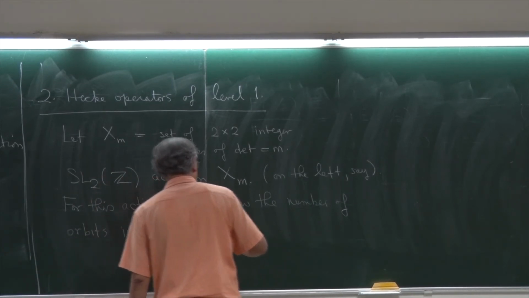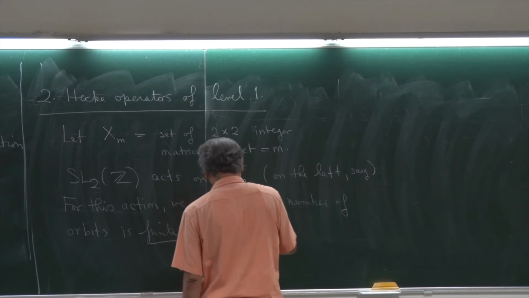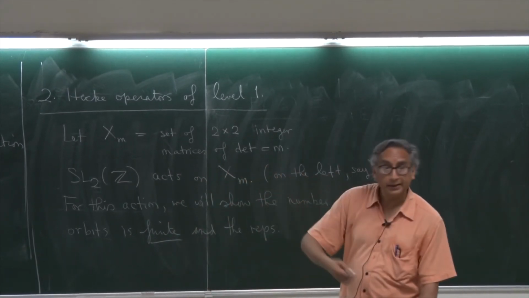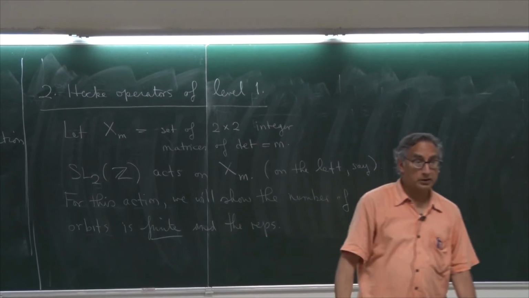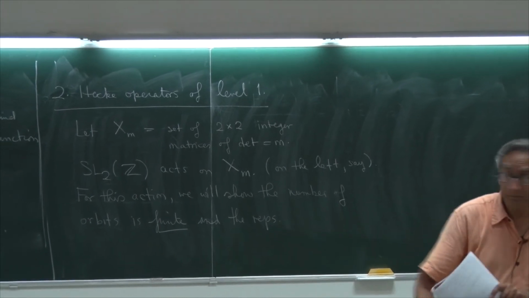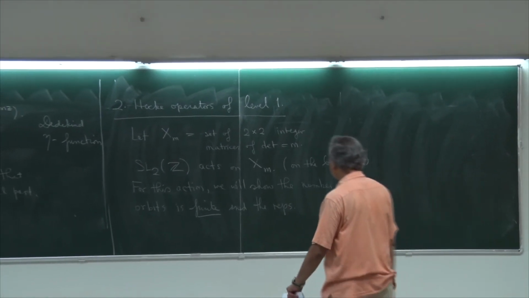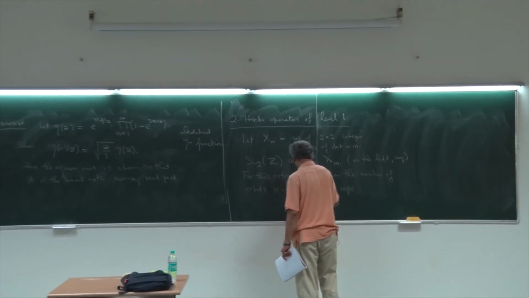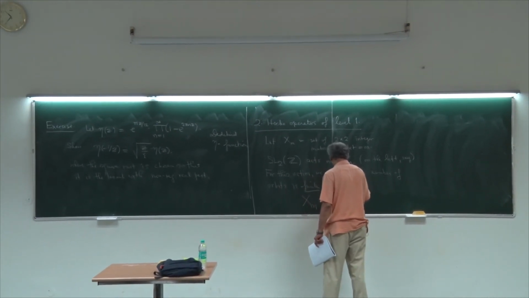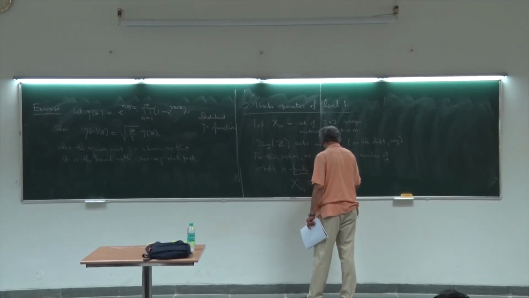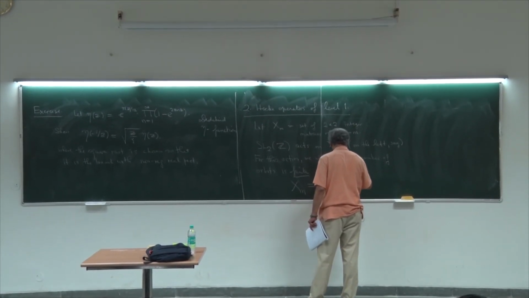And the representatives are given by. So you know that once you have a group acting on a set, you can decompose the set as a disjoint union of orbits. So we'd like to look at the representatives. So X sub m turns out to be equal to a disjoint union of these factorizations of m.